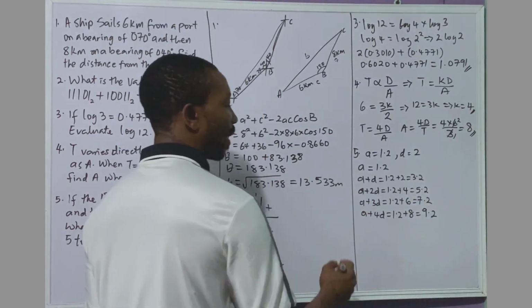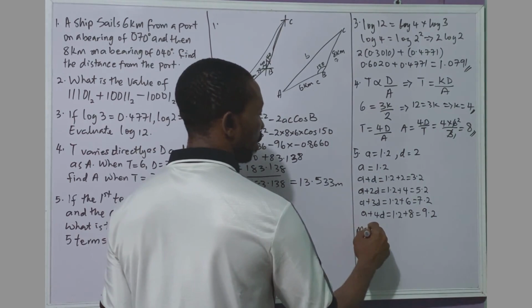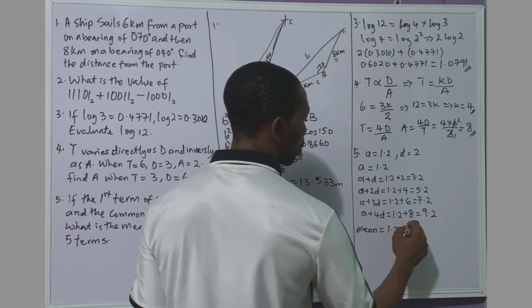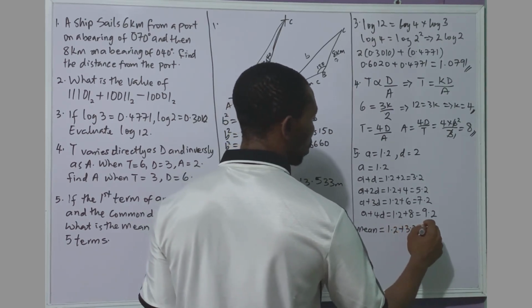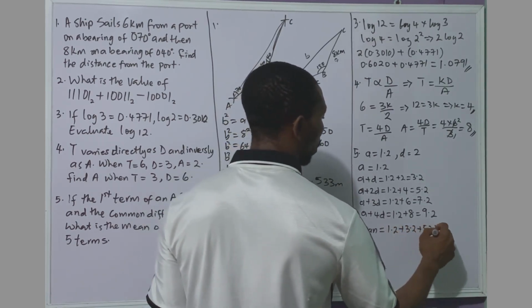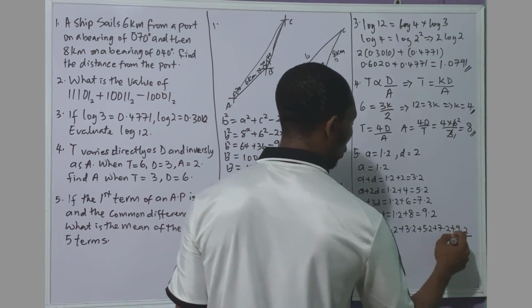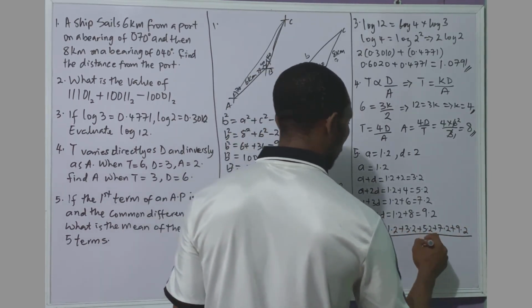Now, finding its mean would be 1.2 plus 3.2 plus 5.2 plus 7.2 plus 9.2 divided by 5.